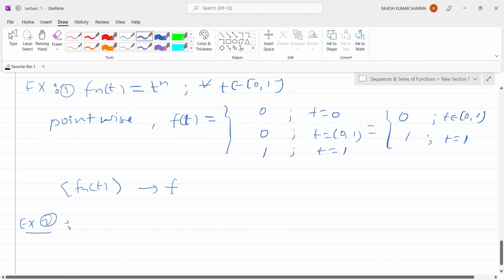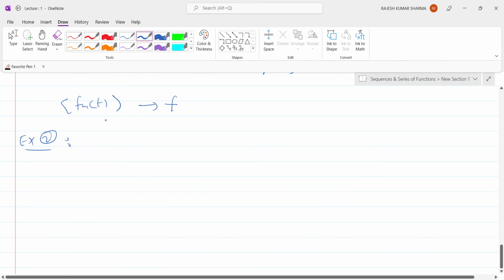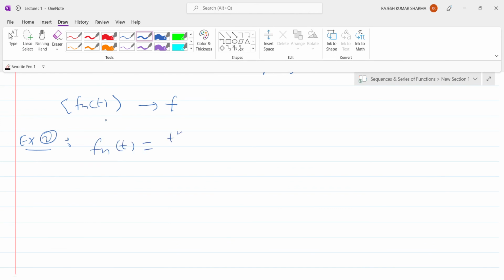Example number 2: fn(t) equal to t to the power n divided by n factorial, for all t belonging to the closed interval 0, 1.